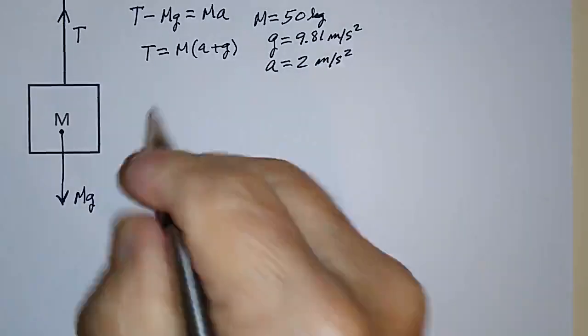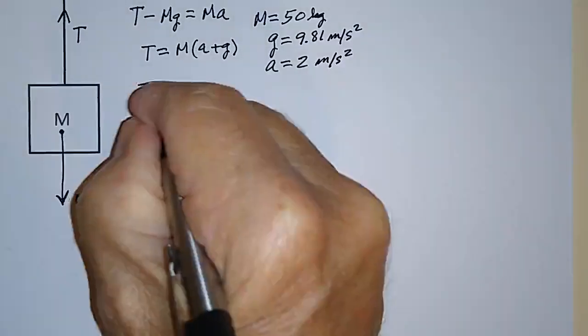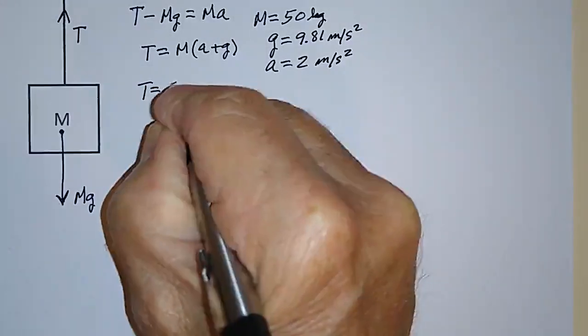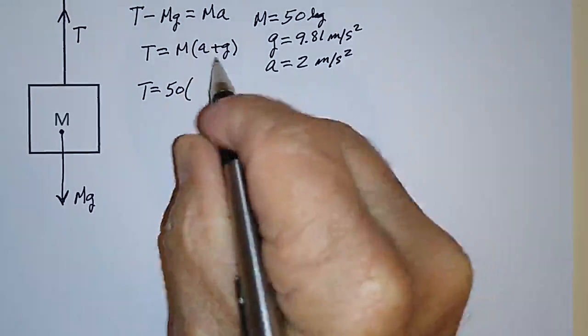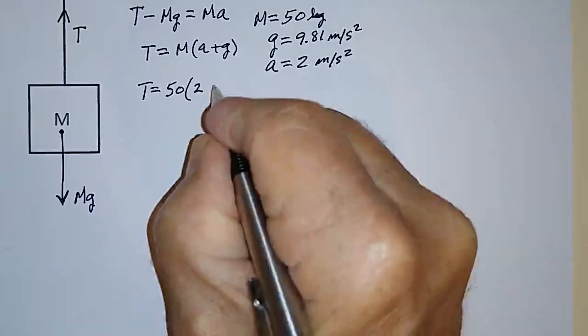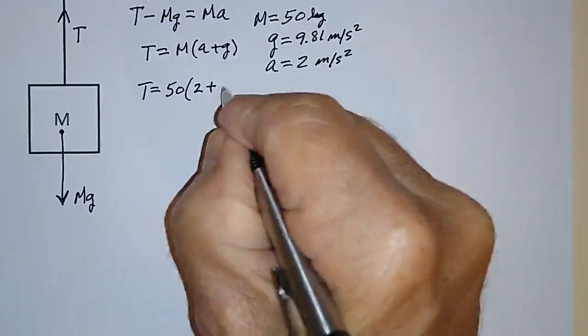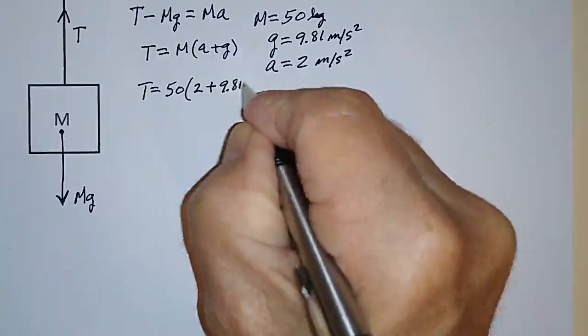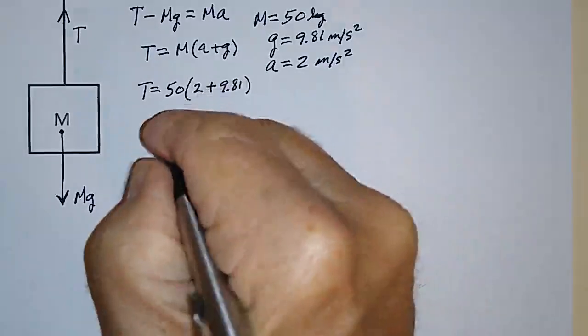Well, T is equal to the mass, 50, times the acceleration, 2 meters per second squared, plus 9.81 meters per second squared.